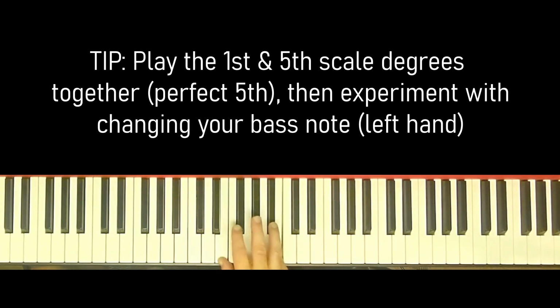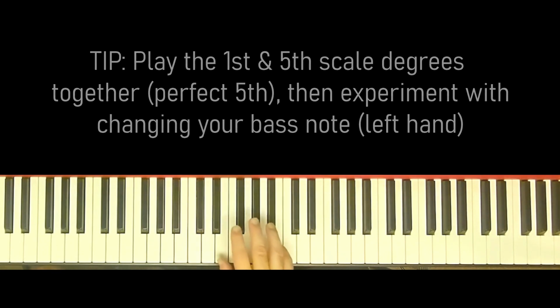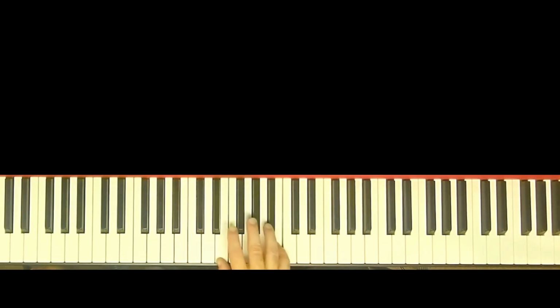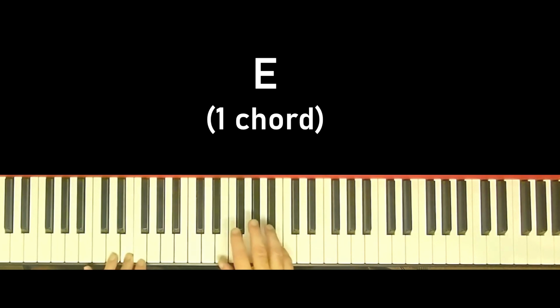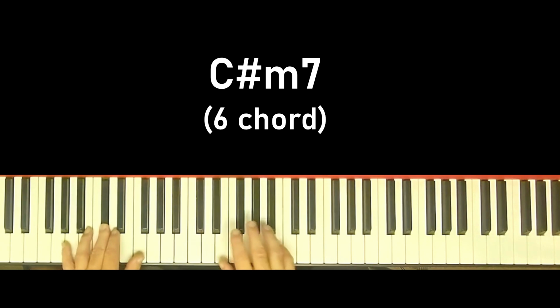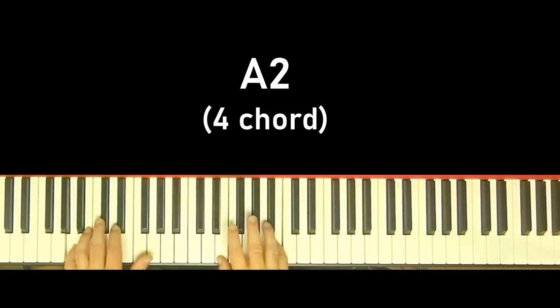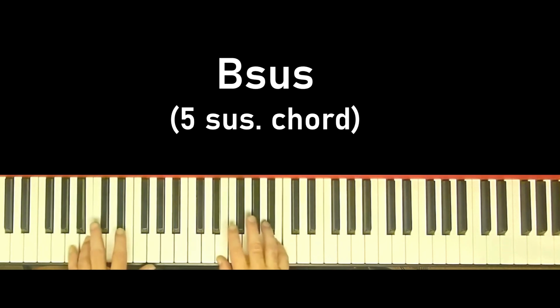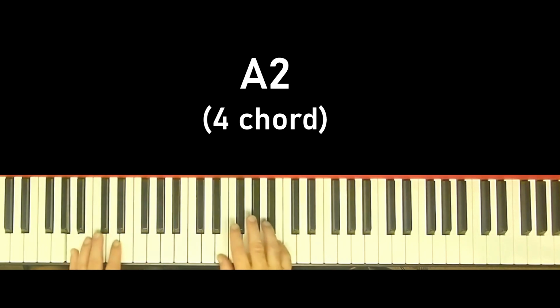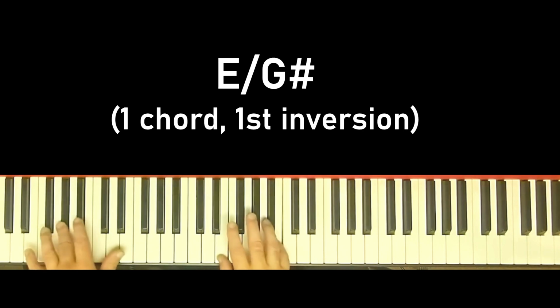So 1 and 5, just use these notes with just kind of a quarter note pulse, and then just mess around with your bass notes. So there's a 1. C sharp would be our 6. A is our 4. Maybe we'll go 6, 5, 4. We'll go 1 first inversion here.